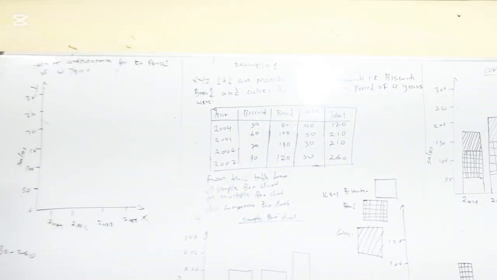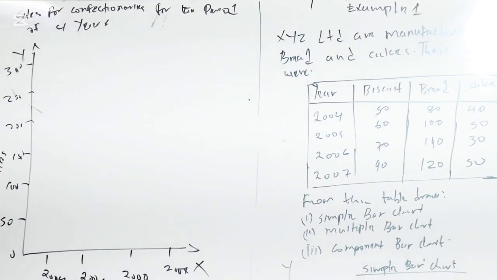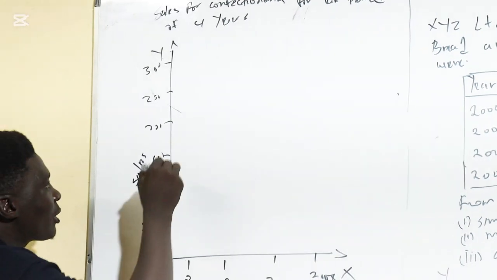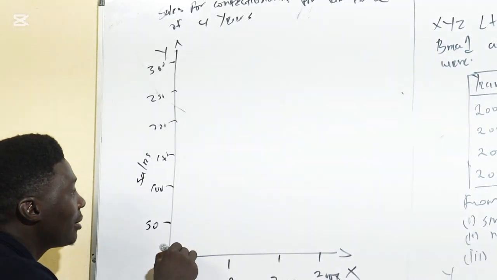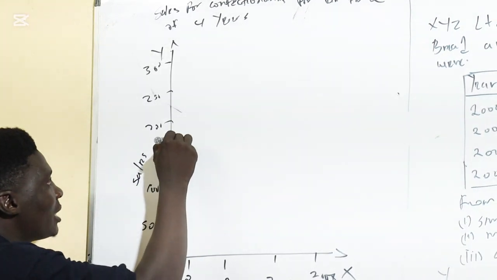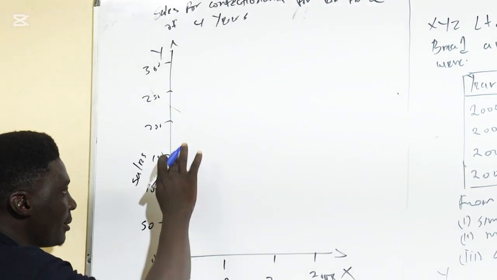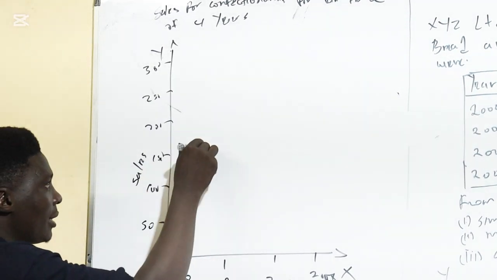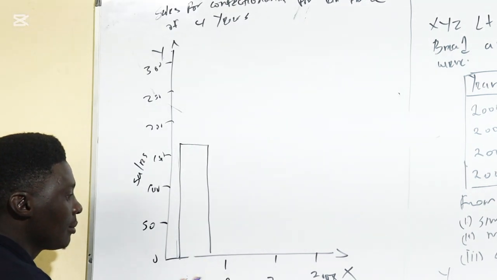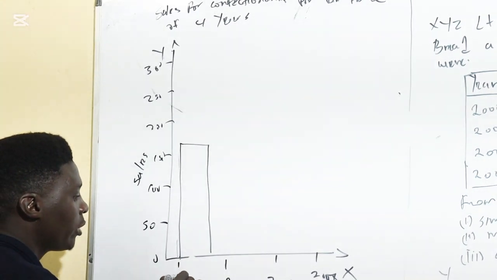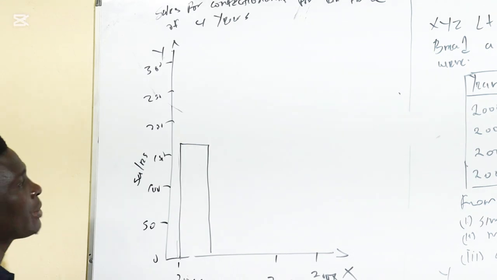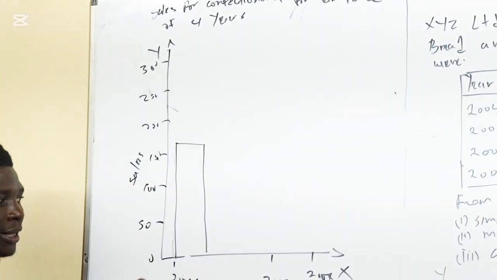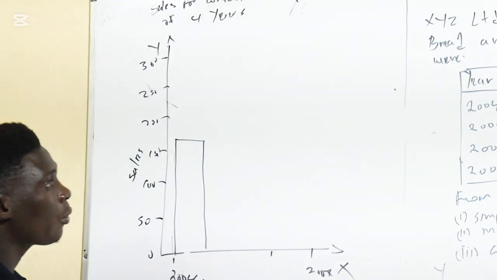So we are going to measure 170. I'll approximate it because I don't have the exact graph board. So approximately 170 will be probably here. Let's say this is 2004. So you see there is space between the bar and the origin of the graph. That's how we do the 2004.